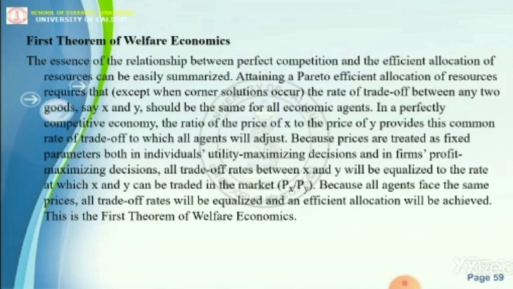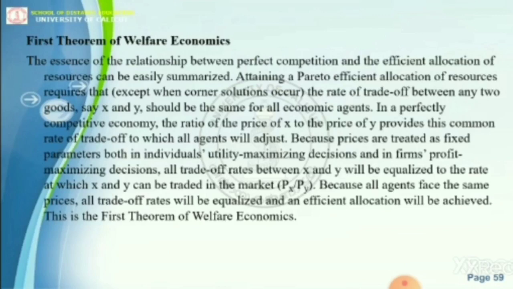Because prices are treated as fixed parameters both in individuals' utility maximization decisions and in firms' profit maximization decisions, all trade-off rates between x and y will be equalized to the rate at which x and y can be traded in the market. That is the price ratio between x and y, that is px by py. Because all agents face the same prices, all trade-off rates will be equalized and an efficient allocation will be achieved. This is the first theorem of welfare economics.